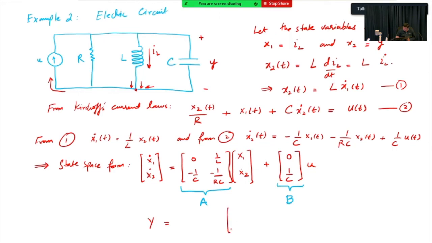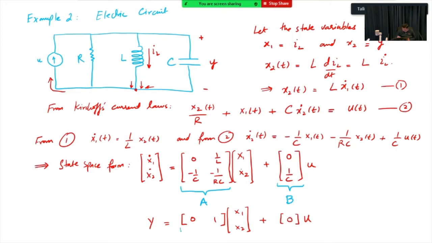Again, you will have x1, x2 here, and you will have a u. Your y is simply x2, so you will have a 0 and 1 here, and you will have a 1 by 1 matrix which is 0.